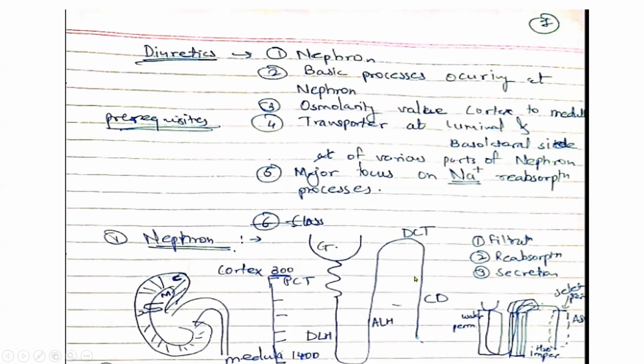Apart from it, what you should also perfectly remember is that there are various transporters along the lumen, along the entire tubular portion.